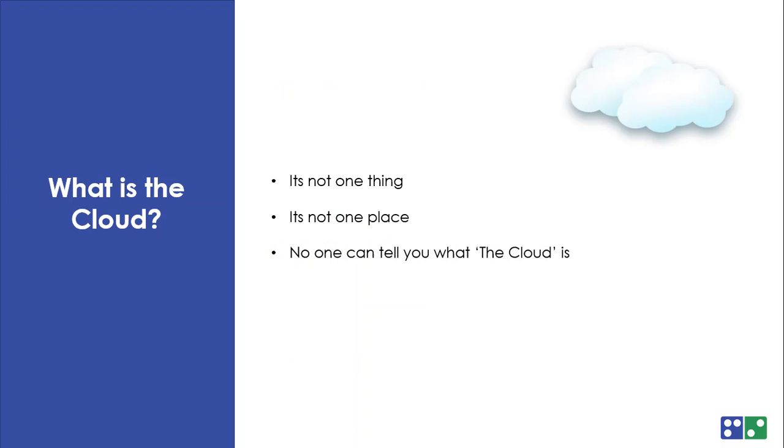Now, the first thing to understand is that the cloud is not one thing. It's not a place. You can't drive to somewhere where there's a computer and that computer is hosting or has the cloud on it. It's not something you can install. In effect, there's no real one definition of what the cloud is.